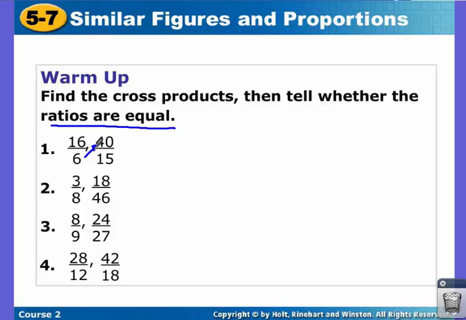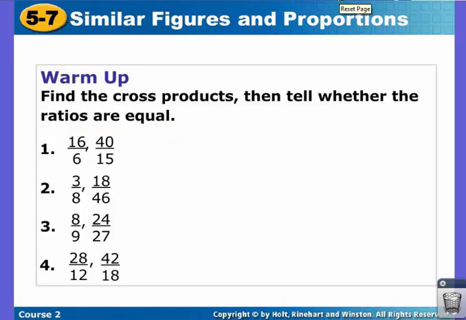Take the 6, multiply it by the 40, take the 15, multiply it by the 16, and if you get the same answer on both of those, then these two ratios say the same thing. So if we were to multiply 6 times 40, I would end up with 240. If I were to multiply 15 times 16, I would also get 240. So we can say that these two ratios are equal to each other.